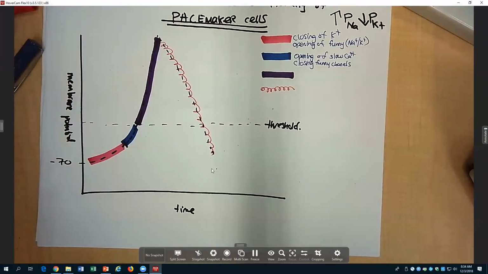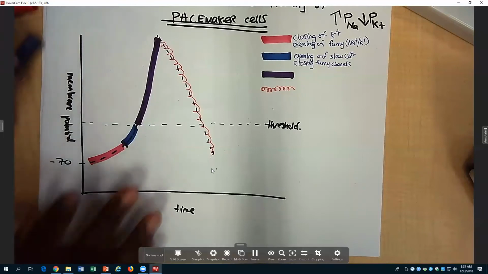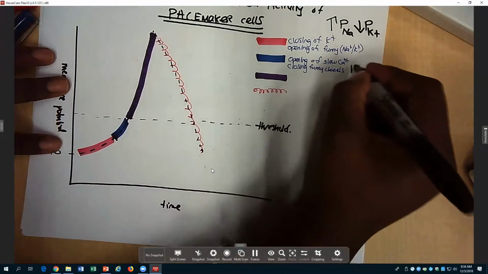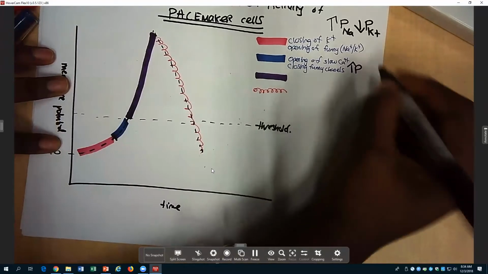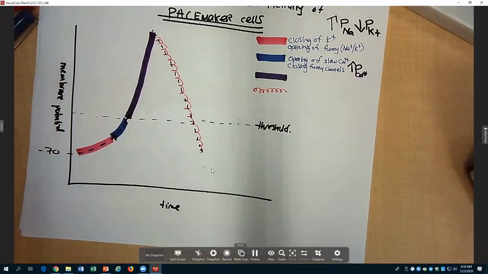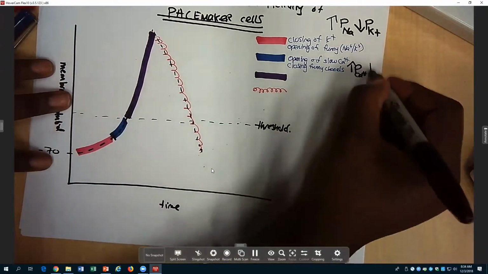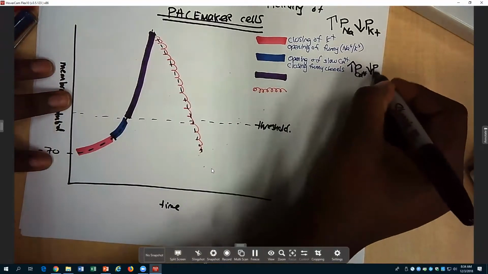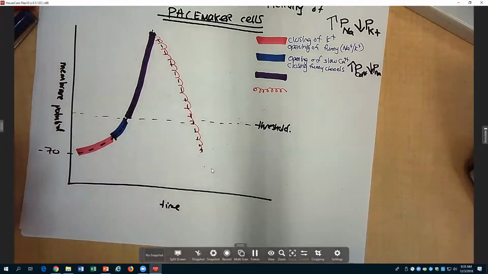So what we have here now is that calcium is starting to move into the cell, and sodium is no longer moving, all right, because we close those funny channels. So this is going to increase the membrane permeability for calcium, because now it's moving, and decrease the membrane permeability for sodium. You guys see that there?